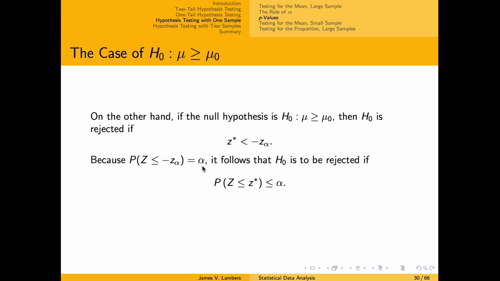So by analogy with the previous case, it follows that H0 should be rejected if the probability that capital Z is less than or equal to z star is less than or equal to alpha, because this would put z star to the left of minus z alpha, which calls for rejection of H0. Therefore, this probability that capital Z is less than or equal to z star is the p-value for this test.